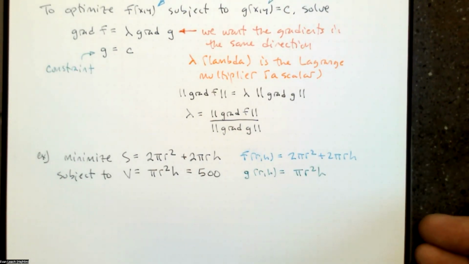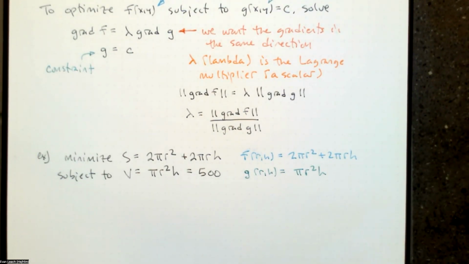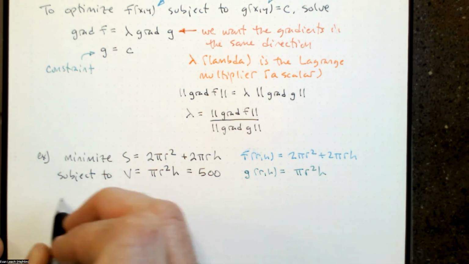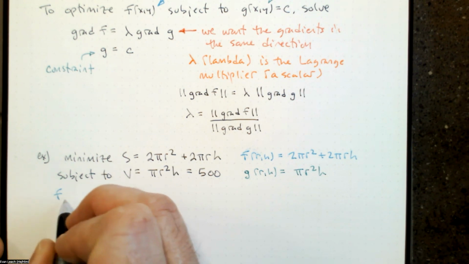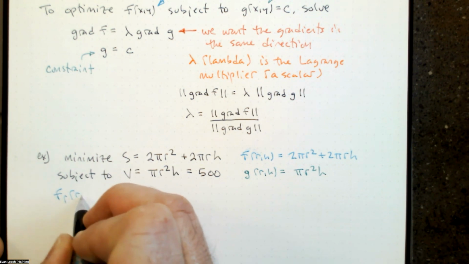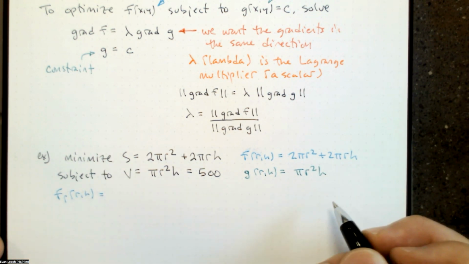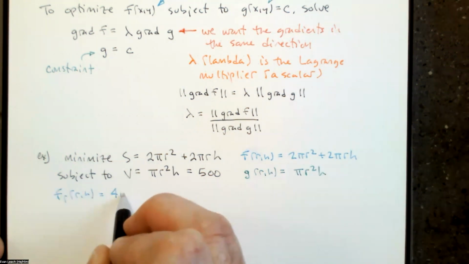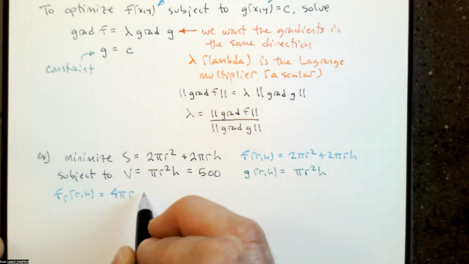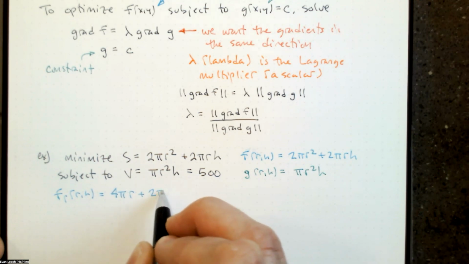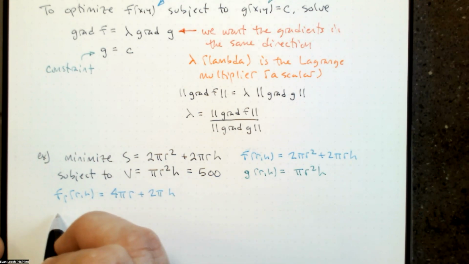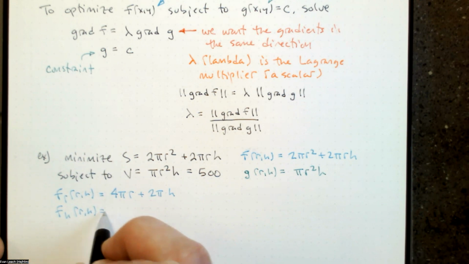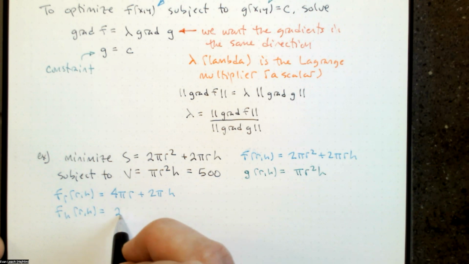So I need to build the gradient of f, and I need to build the gradient of g. The gradient of f, I need f. I need our two first partial derivatives. So with respect to r, I get 4 pi r plus 2 pi h, and f with respect to h is just going to be 2 pi r.